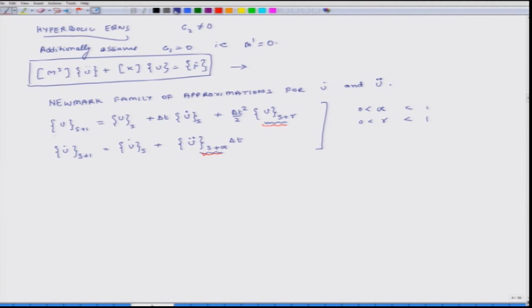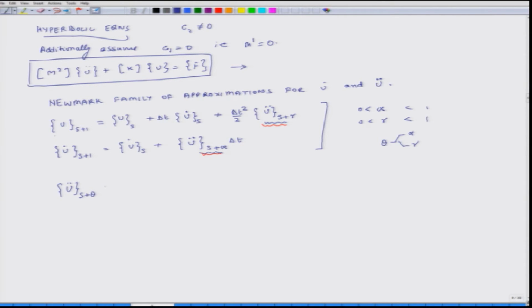To calculate the second derivative at s plus gamma or s plus alpha, we use another formula prescribed in the same family of approximations, for the second derivative of u at s plus theta, where theta could be either alpha or gamma. We will give a relation for this, and we can use it to calculate u double dot at s plus gamma and at s plus alpha.